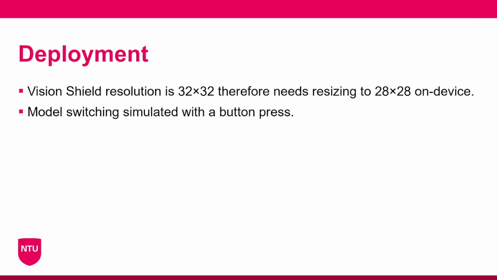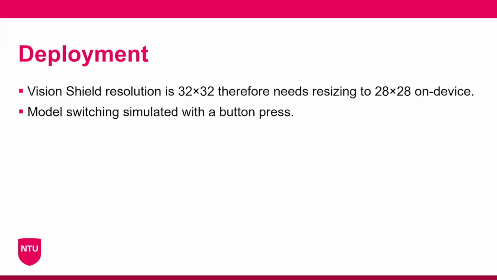So we deployed it on the Vision Shield, and we just had a couple of small challenges. The Vision Shield resolution on the small camera is 32 by 32, and therefore needs resizing to 28 by 28. I just like to mention this because a lot of the times the pre-processing goes without mention in some of these.